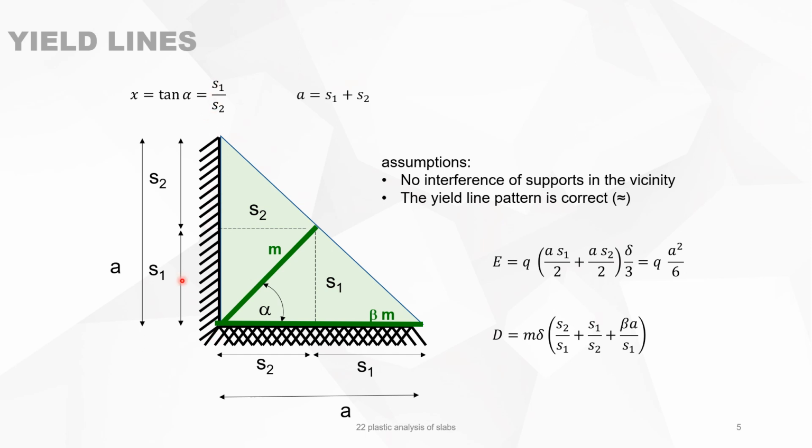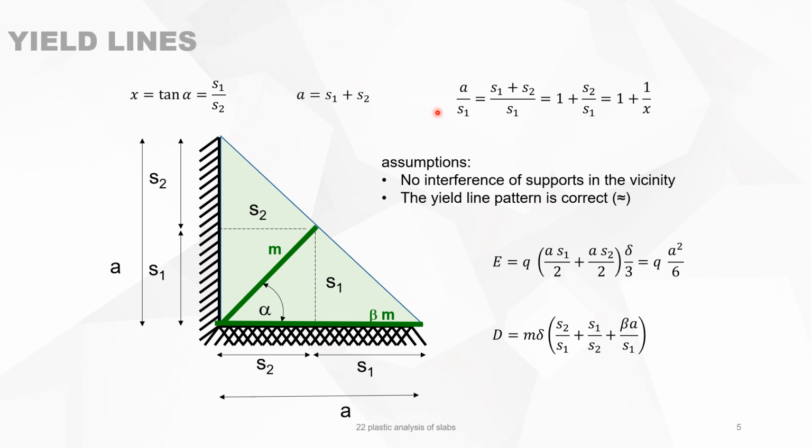Then you have S1, so it's M times S1 times theta, and theta is delta divided by S2, which is the second term. And of course we have also the yield line beta M projected on this axis of rotation, which gives you A. So it's beta M A, multiplied by delta divided by S1. So this is D. Now E equals D, and then we can solve it for M.